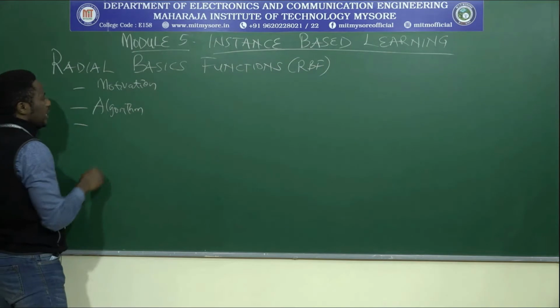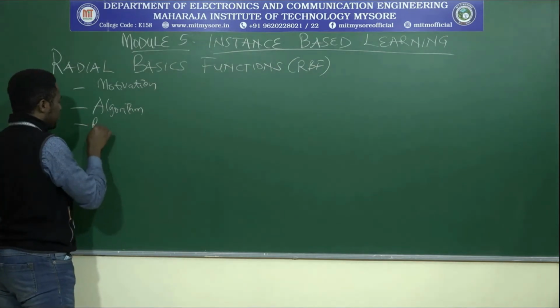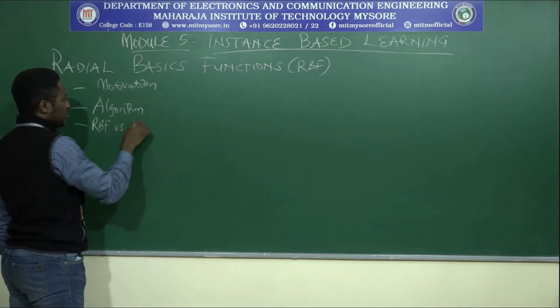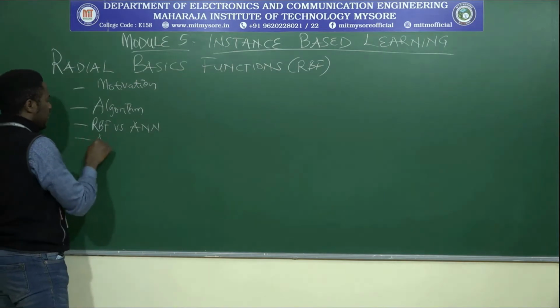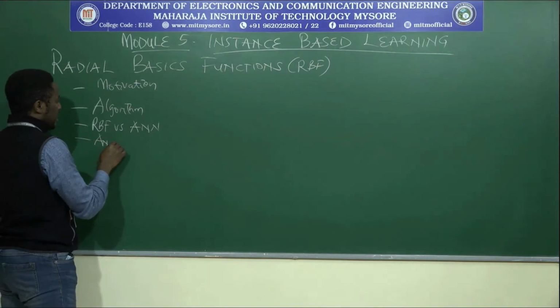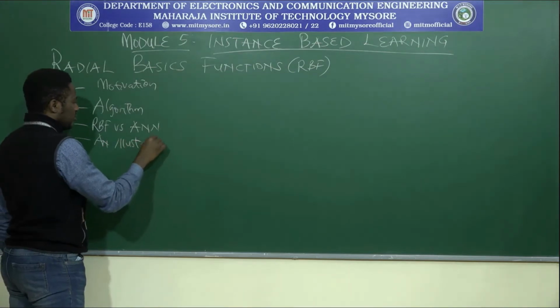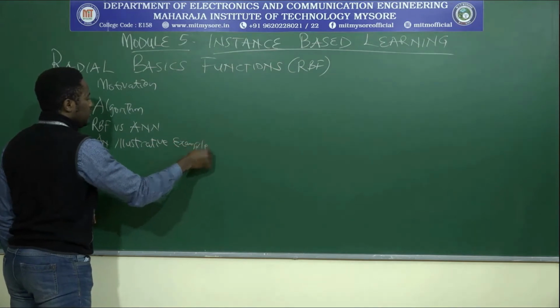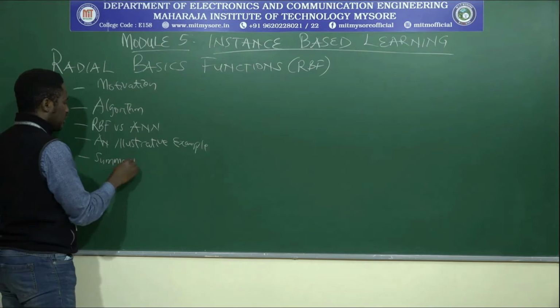Then we compare RBF versus ANN, take an illustrative example, and then maybe we summarize by looking at some salient features.